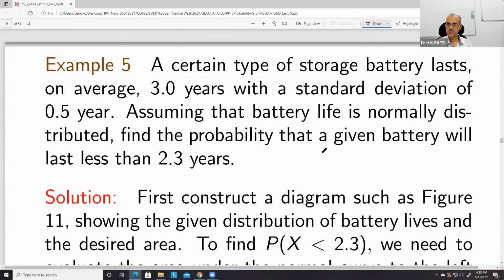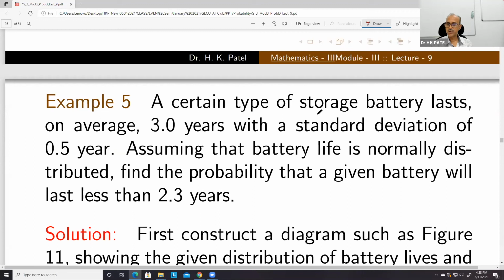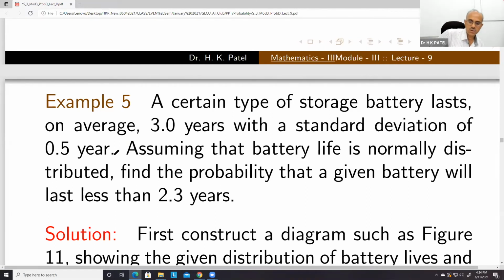Just to read this: a certain type of storage battery lasts on average 3 years with a standard deviation of 0.5 years. Assuming that battery life is normally distributed, find the probability that a given battery will last less than 2.3 years.